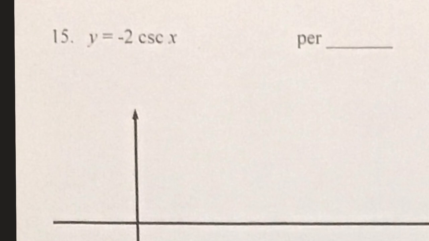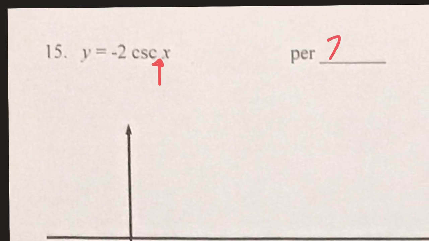-2 cosecant. So is there a b value? Of course there is, but the b value is 1. So 2 pi divided by 1 is just 2 pi. So our cosecant graph will complete 1 full cycle by 2 pi.